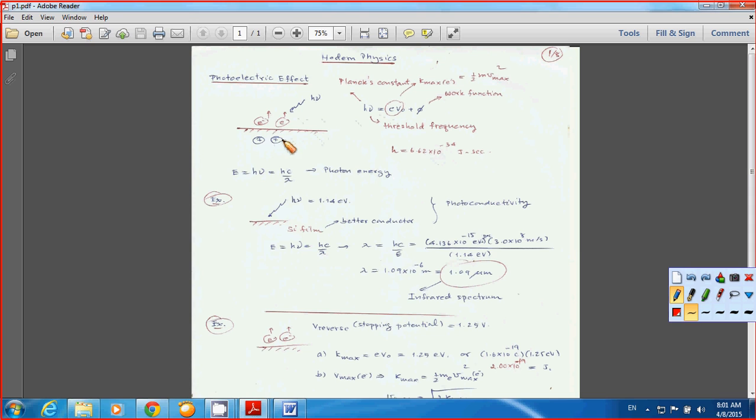Well, if you take a look at the material, usually materials have atoms, and they are all neutral. So that means you have equal positive charge and negative charge. And you take a look at the atom, and you have a nucleus, right?